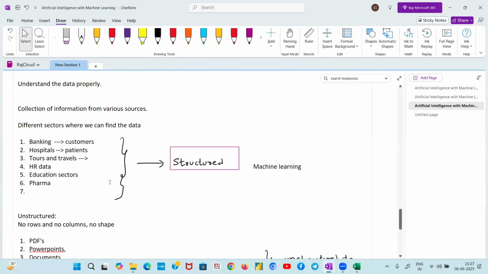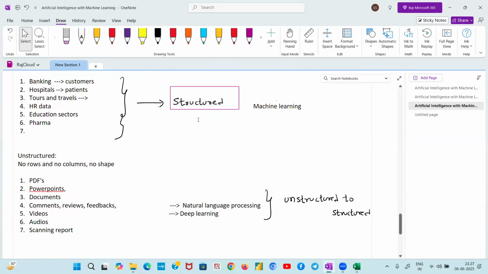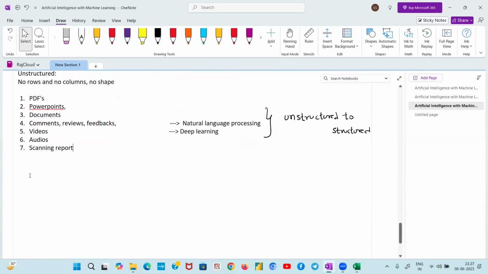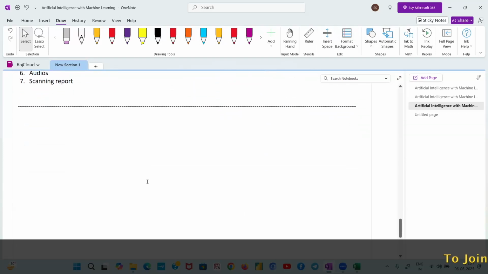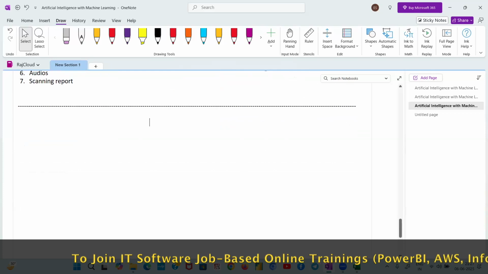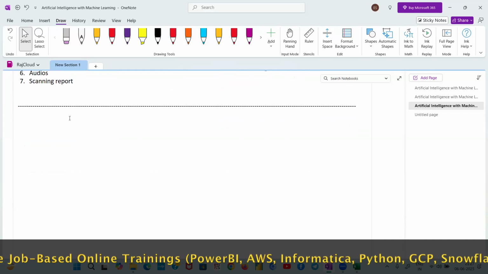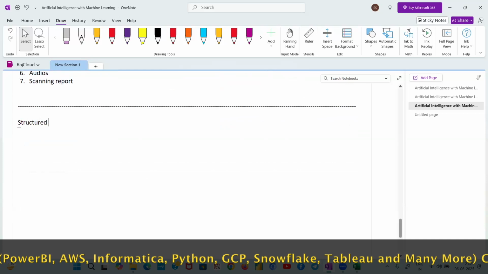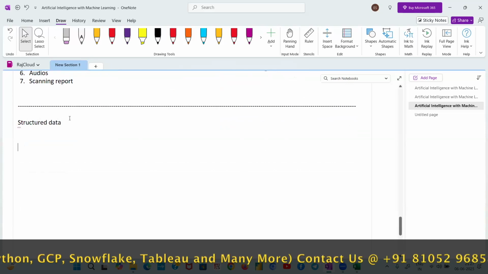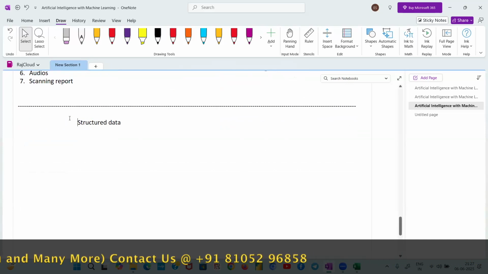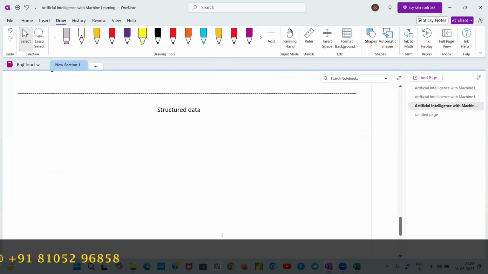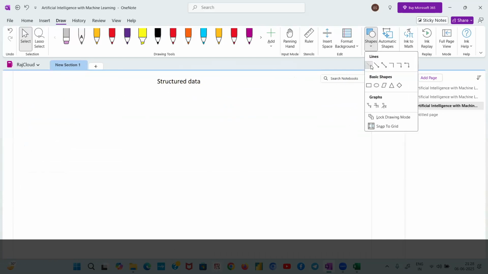Okay. So data is of two types: structured and unstructured. Now coming to the point, under the structured data I'm talking about, in statistics again you will have two types.